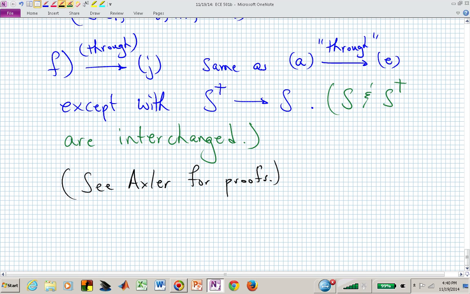In summary, though, of what that theorem says: if statement A says S is an isometry, what does statement F say? The adjoint of that operator is also an isometry.